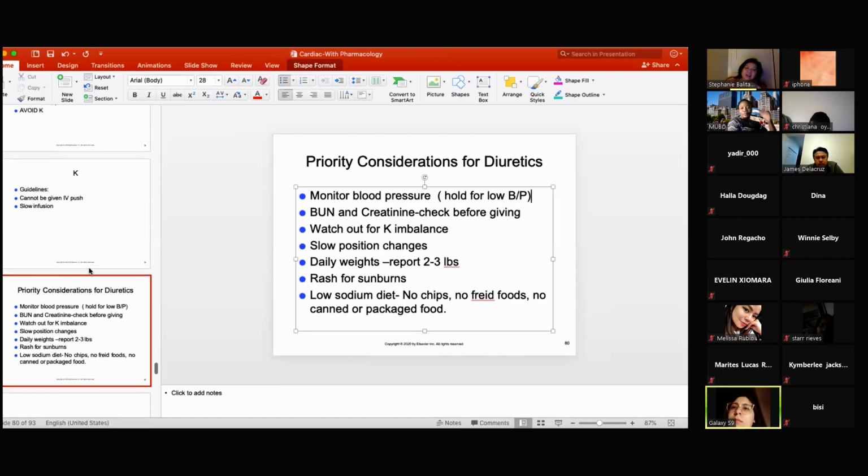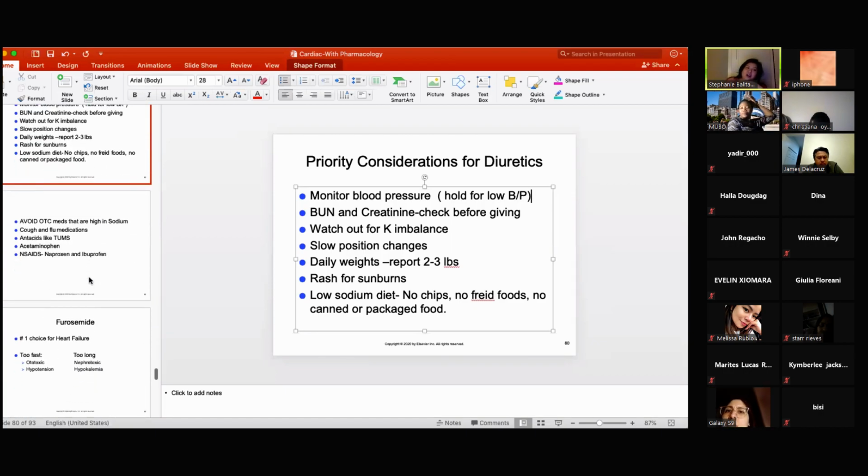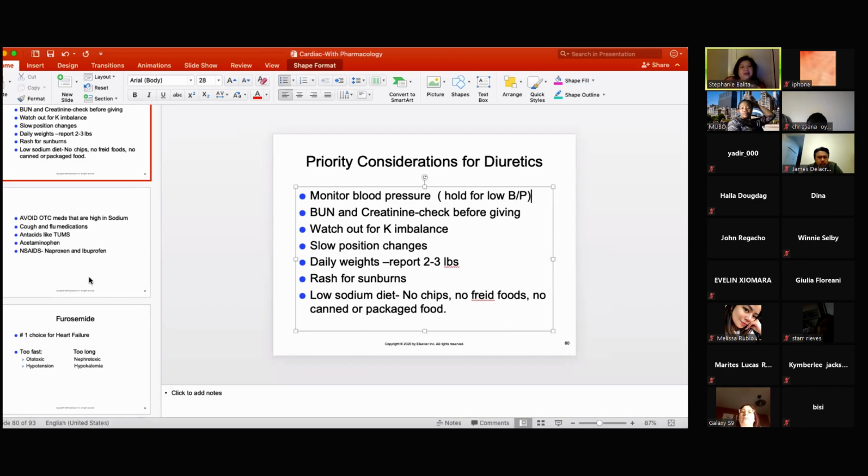Because diuretics are usually given for your heart failure patients, right? Daily weights. If your patient gains 2 to 3 pounds a day, that is something that needs to be reported to the attending physician immediately.